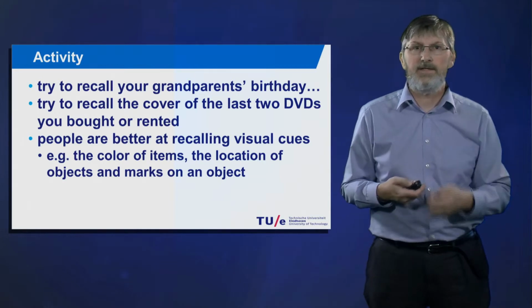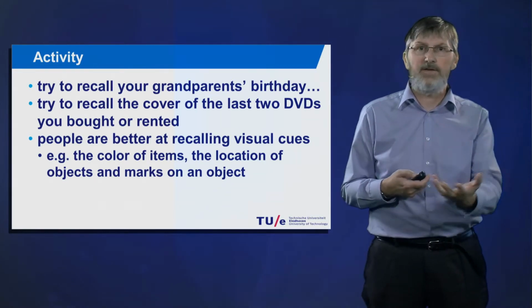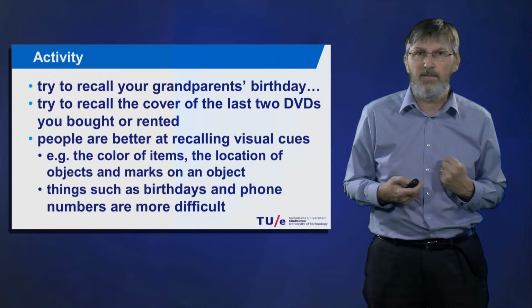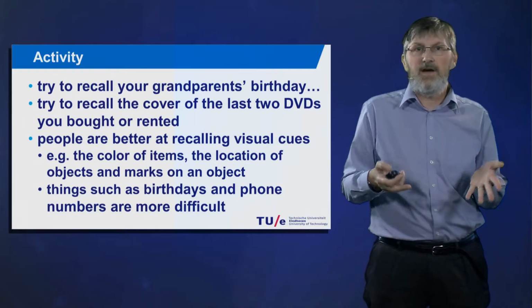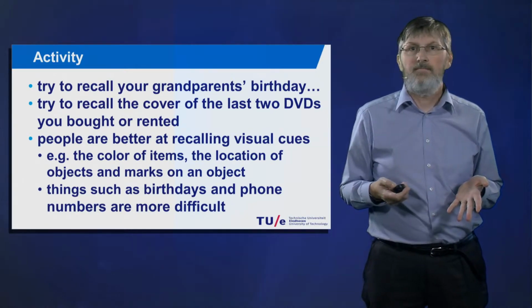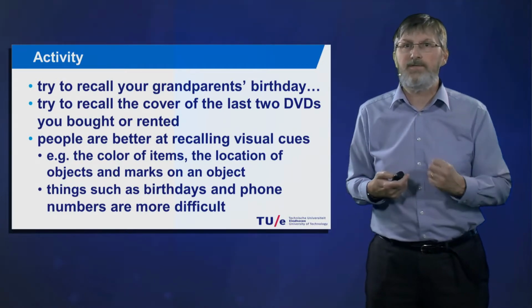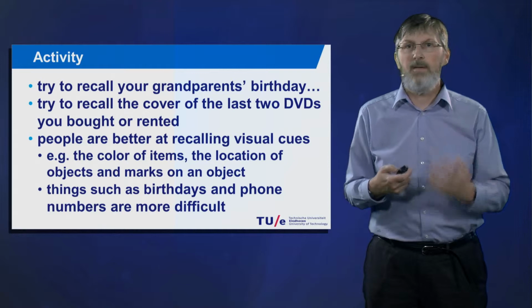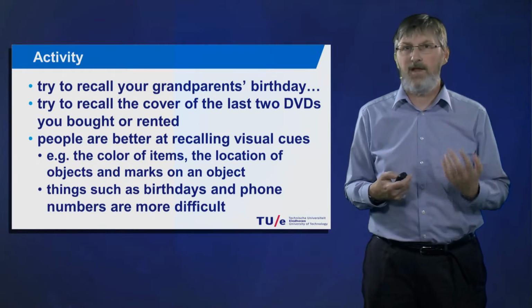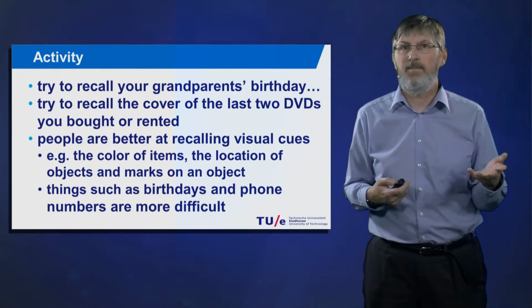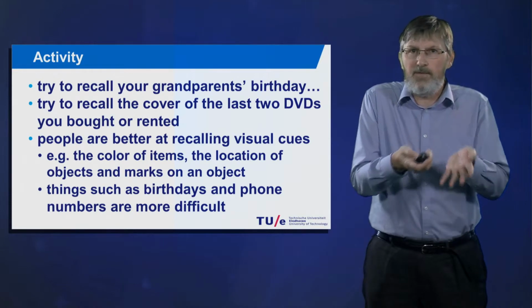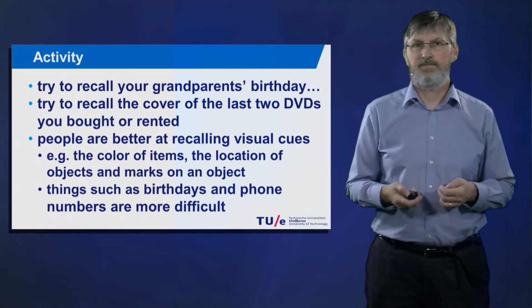So color of items, locations, marks on objects, they're all easy to remember. Numbers are difficult. Mostly when I remember phone numbers, for instance, I remember what it sounds like when you say them. I don't remember in terms of these digits.